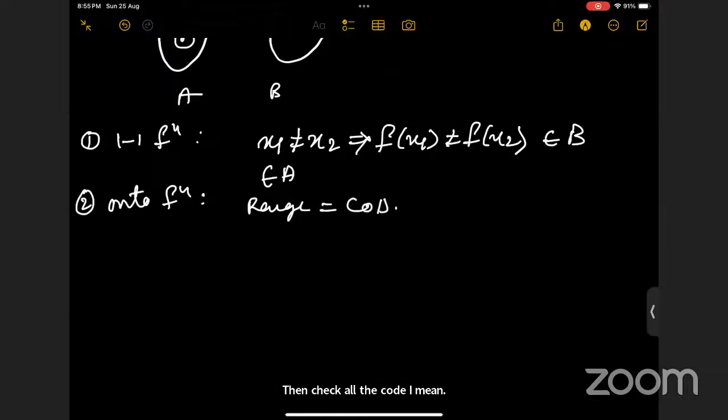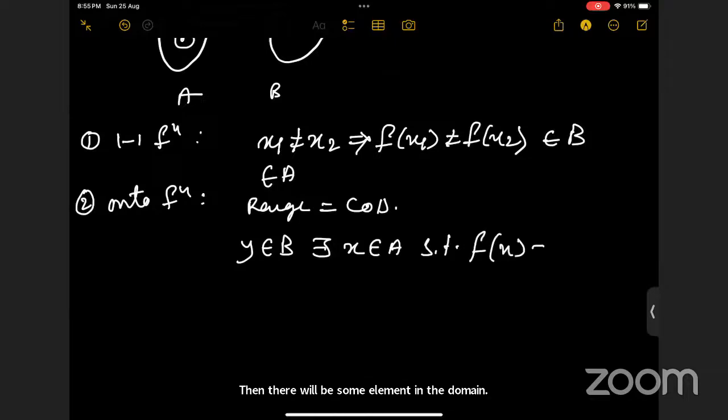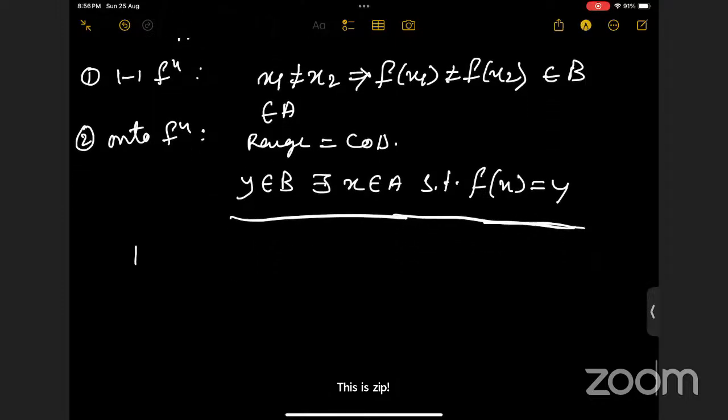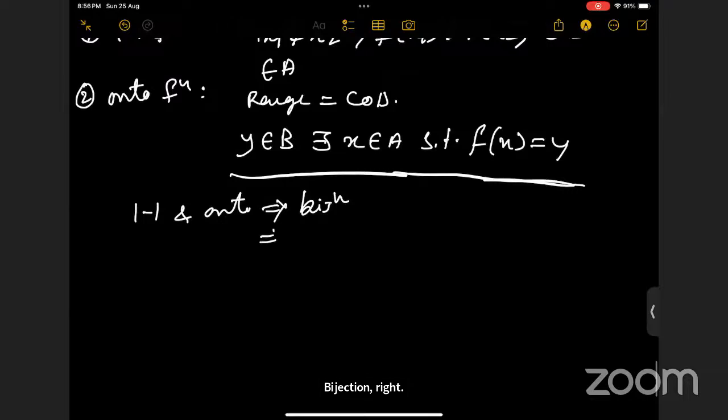That means simply we can also say if we take any element y from the codomain, then there will be some element in the domain such that the image of this element is exactly y, right? This is the mathematical expression, right? So we know if a function is one-one and onto, then the function is bijective. If a function is bijective, then immediately we can say it is invertible, right? Yes, ma'am.